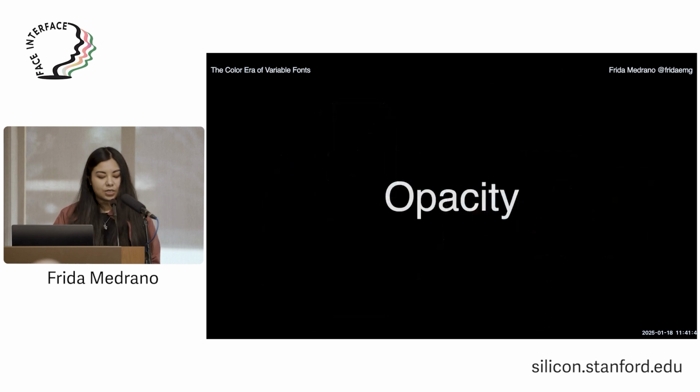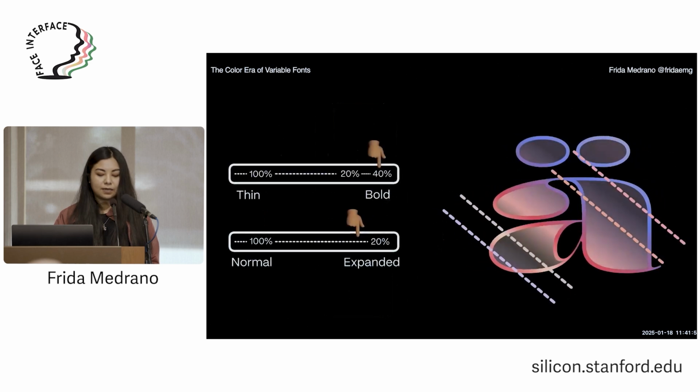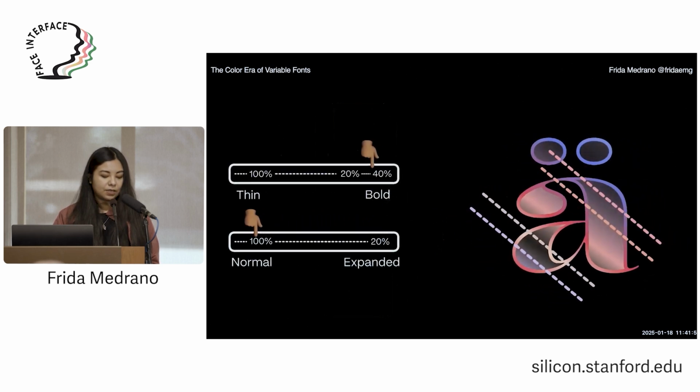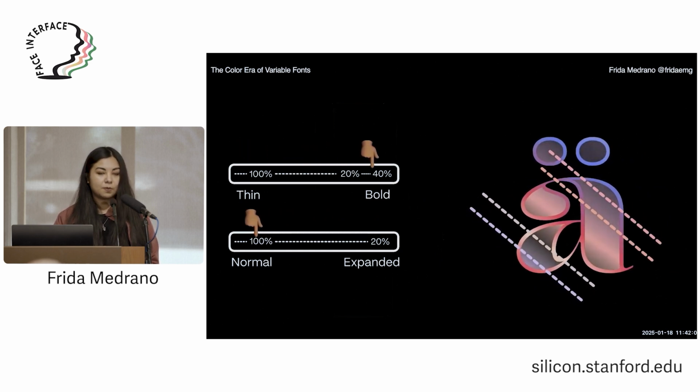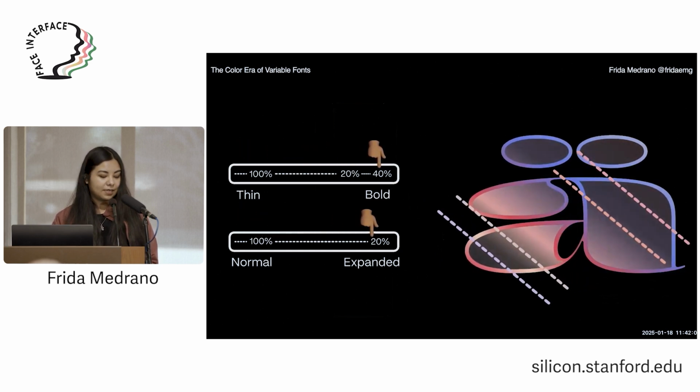But what about transparency? This is one of the graphic features of the format. And if you combine that with the variable font technology, we can move beyond static designs to embrace something more dynamic.